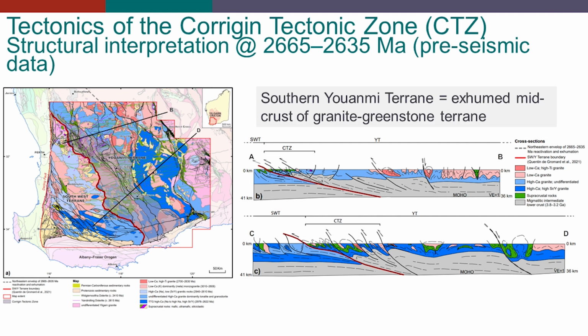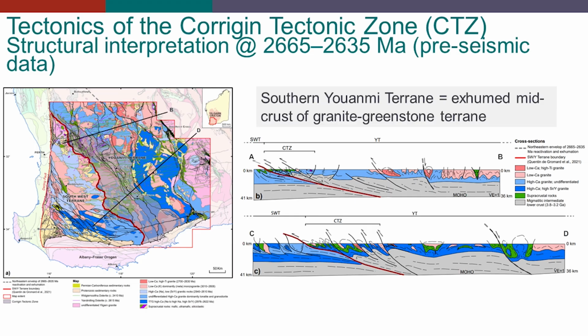This is a similar kind of geometry for the section on C and D, meaning that now we regard this dashed line here, which was previously interpreted by Myers et al. as the original metamorphic boundary, going from high-grade rocks at the bottom to lower-grade rocks in the northern Youanmi terrane.